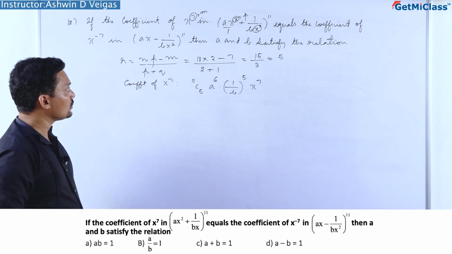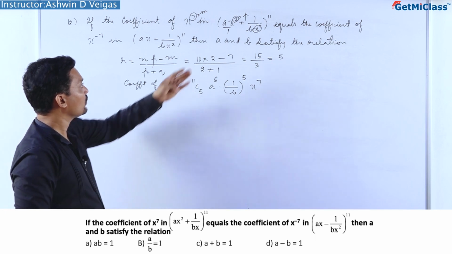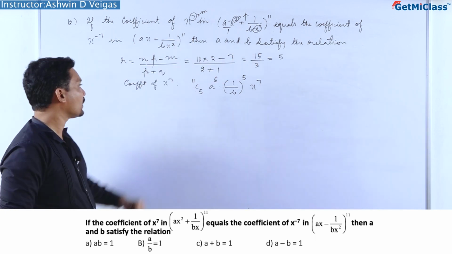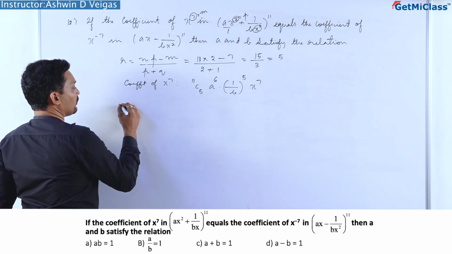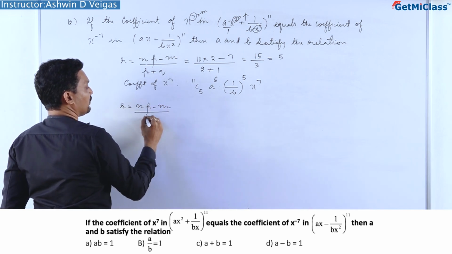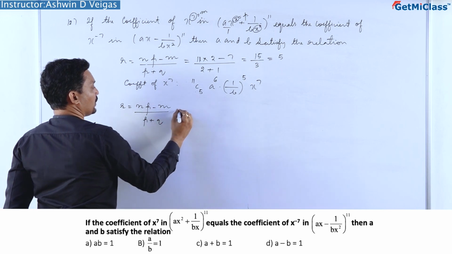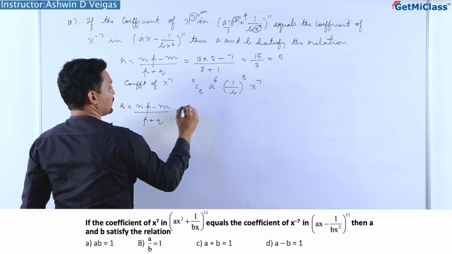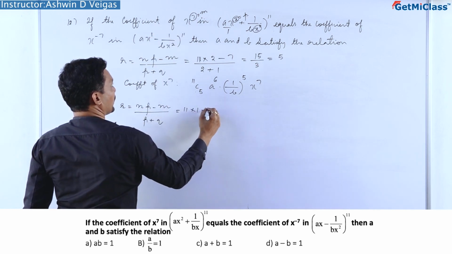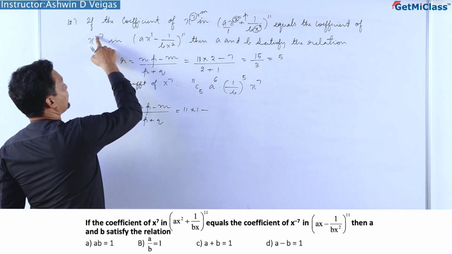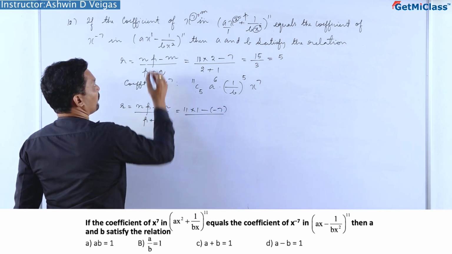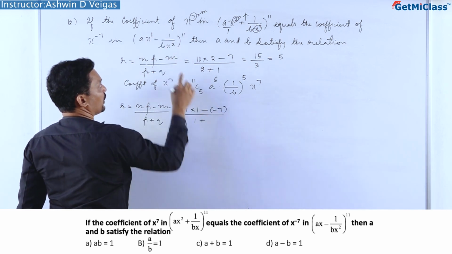Now we have to do the same thing. They are talking about the second part, the coefficient of x^-7 in this expansion. Here again we will use the formula R equals (Np minus M) divided by (P plus Q). The value of N is 11, into value of P is 1, minus the value of M, which is minus 7, divided by P which is again 1, and Q is 2.